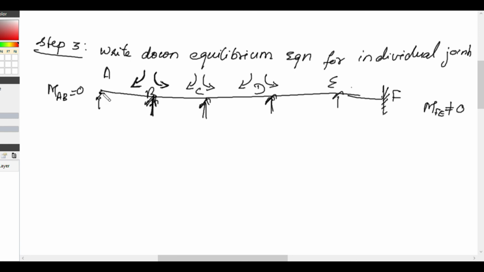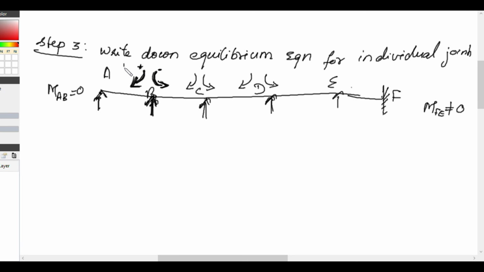Now B is a simple support. There will be some support moments. Okay, so these support moments will be in the span BA clockwise, and in BC anti-clockwise. So this is negative and this is positive.